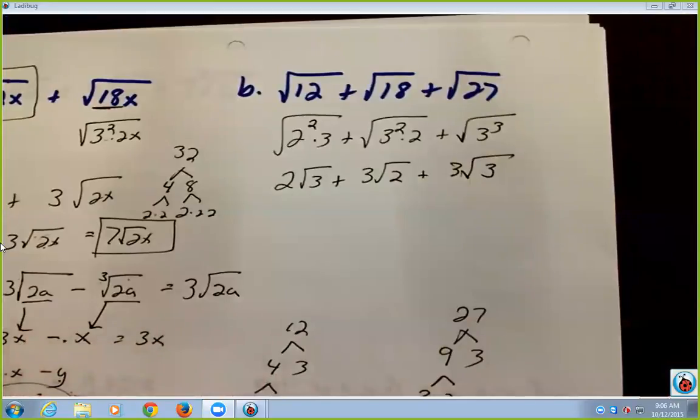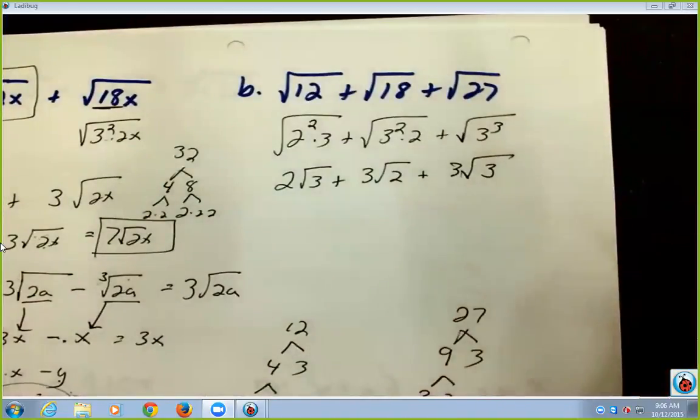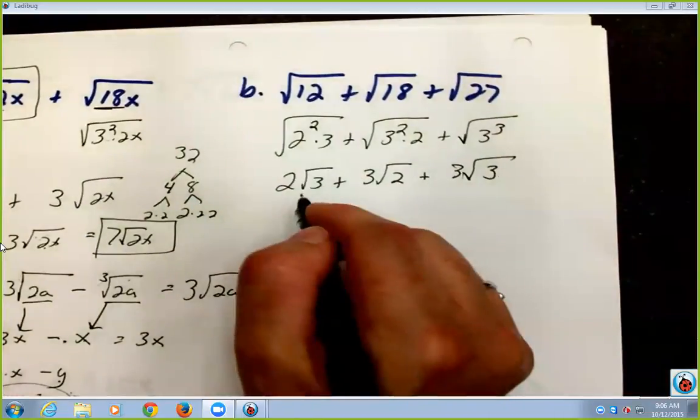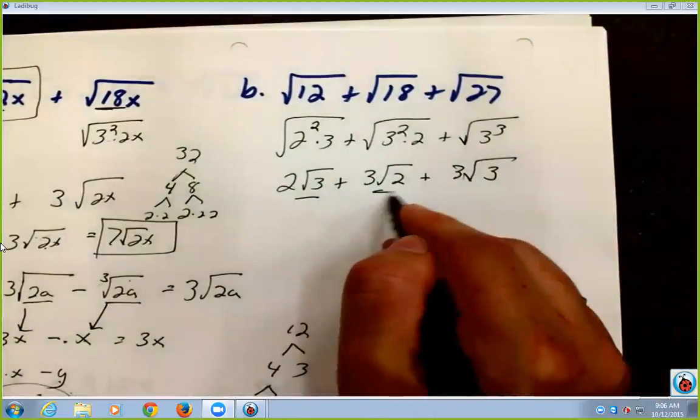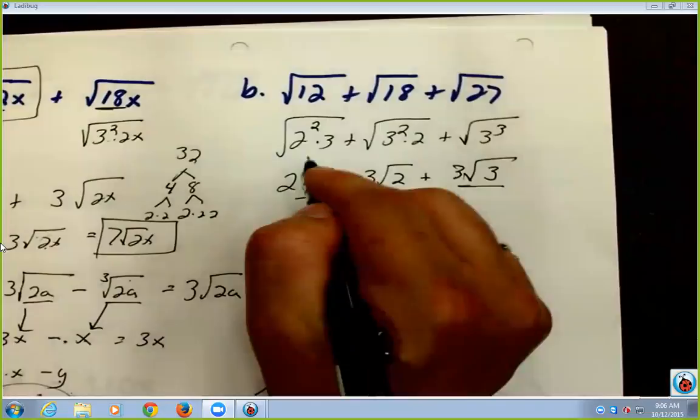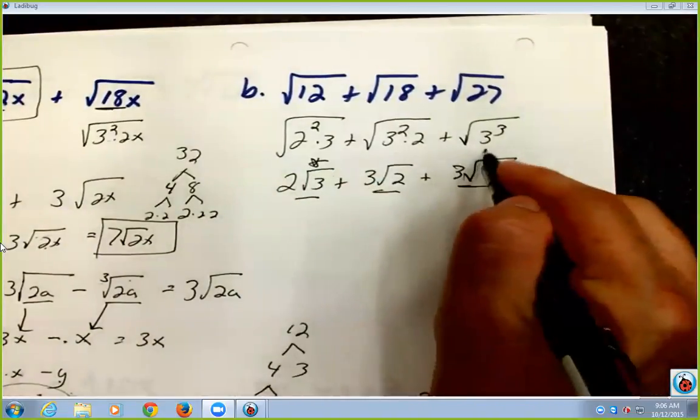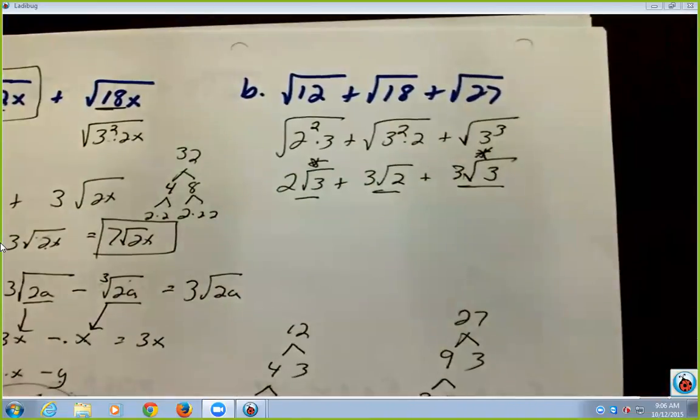So if I pull out a 3 and leave a 3, what happens now? So if I go back and look at this, what things can I stick together and what things do I need to leave separate in here? So if I go through and look, I've got the square root of 3, square root of 2, square root of 3. So that means this one can be combined with that one because they match.